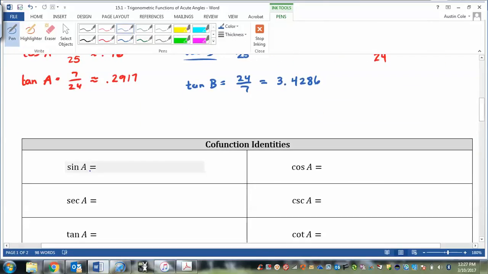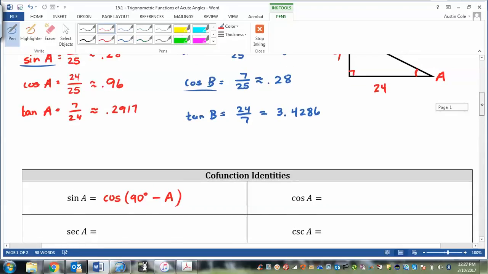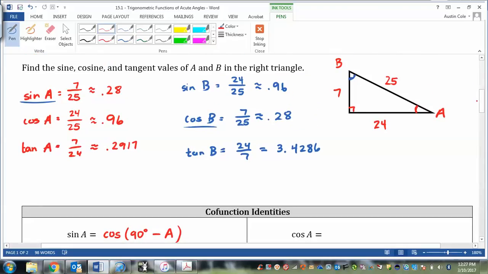So sine of A is going to be equal to the cosine of 90 degrees minus our angle A. If I go back up to this example, that makes sense, because we said sine A was 0.28.